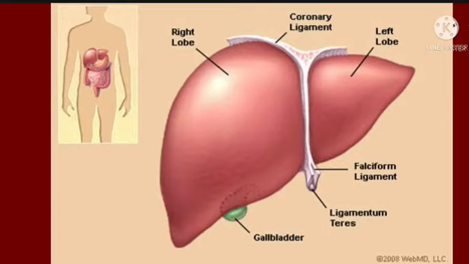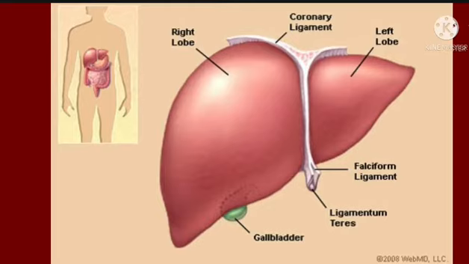Liver cells, that is hepatic cells, secrete bile, which is stored and concentrated in a thin muscular sac called the gallbladder. The duct of the gallbladder along with the hepatic duct from the liver forms the common bile duct.